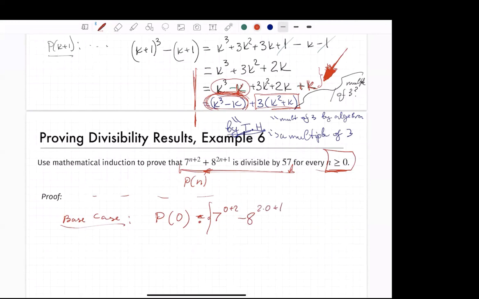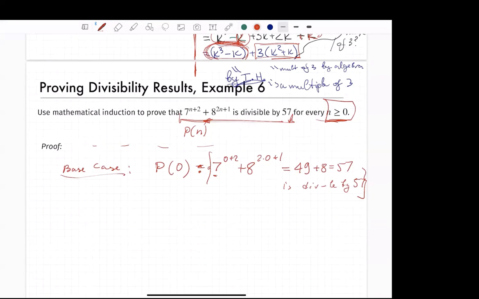The first piece is 49, that's 7 squared. And this piece is 8, and that's exactly 57, which is divisible by 57. It's a multiple of 57, so that's good. So the base case checks out. You plug in k equals 0, and we're good to go.